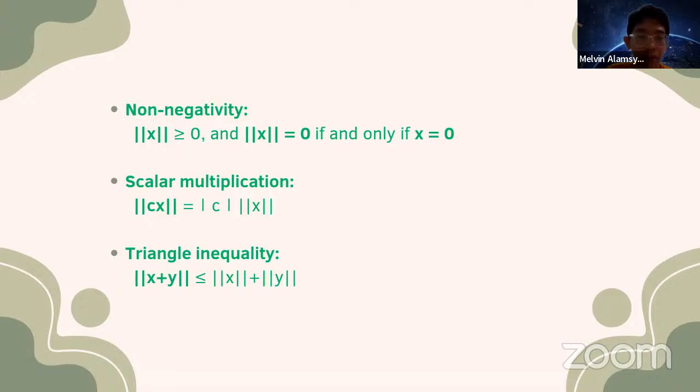And the second property is scalar multiplication, which is when we have the norm of cx, it's equal to the absolute value of c times the norm of x. The third property is called the triangle inequality, which is the norm of x plus y is less than or equal to the norm of x plus the norm of y.